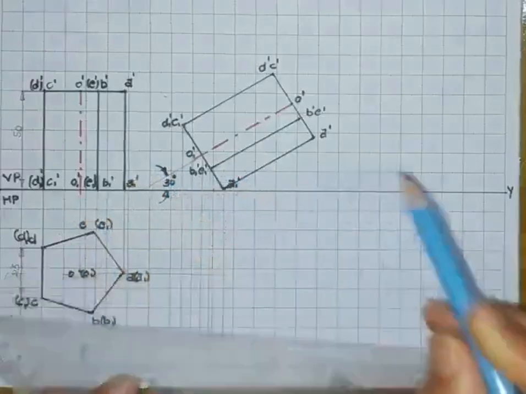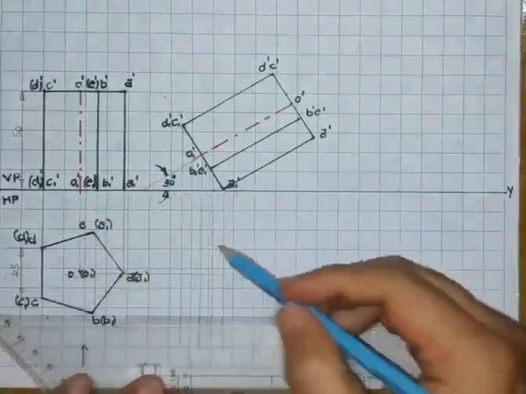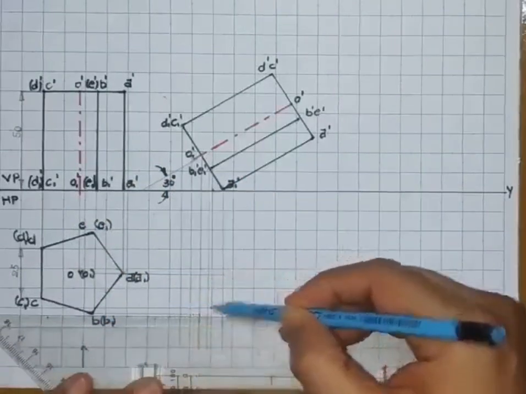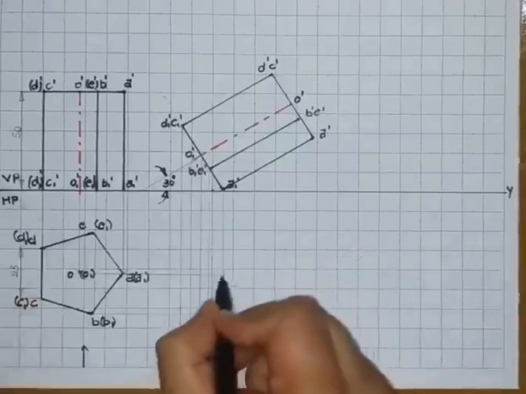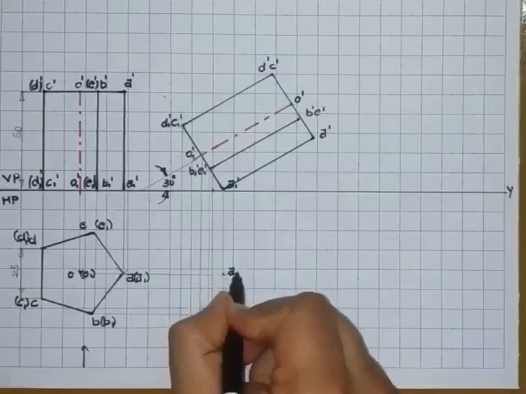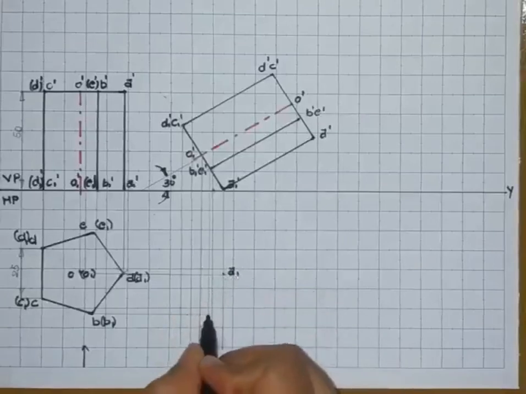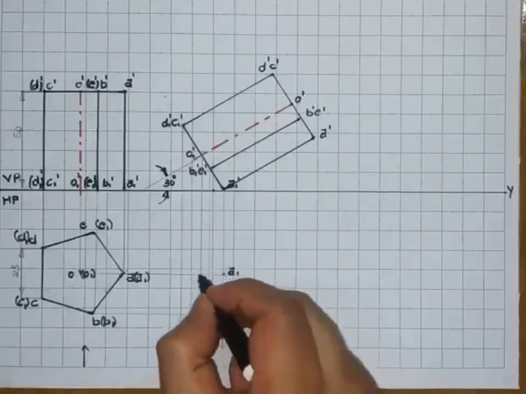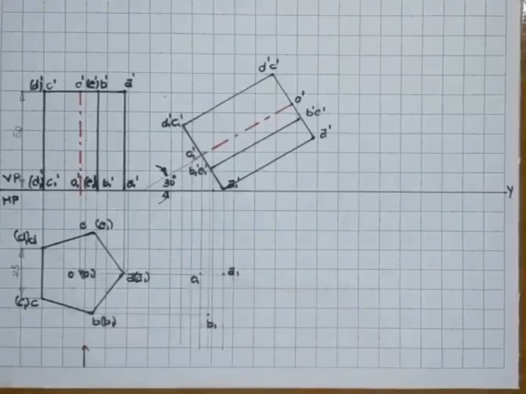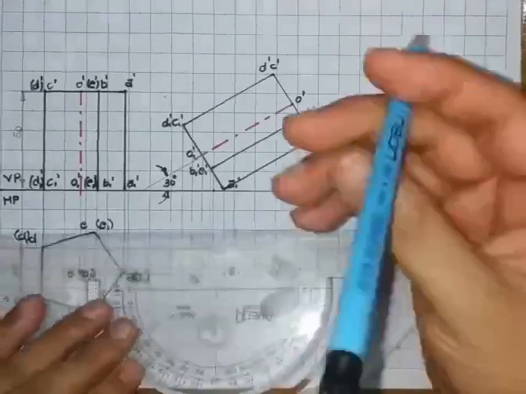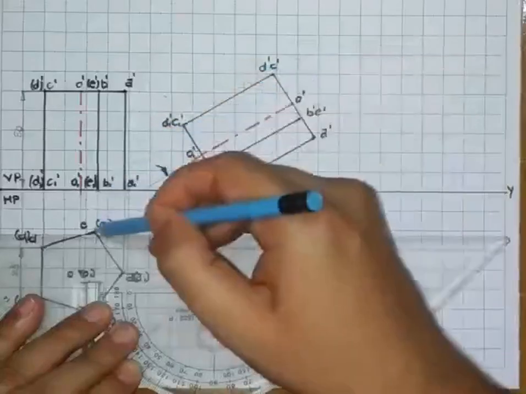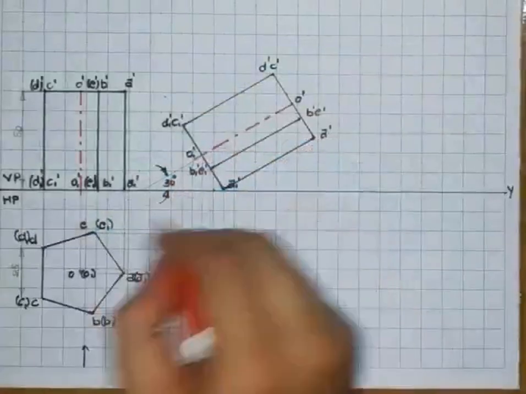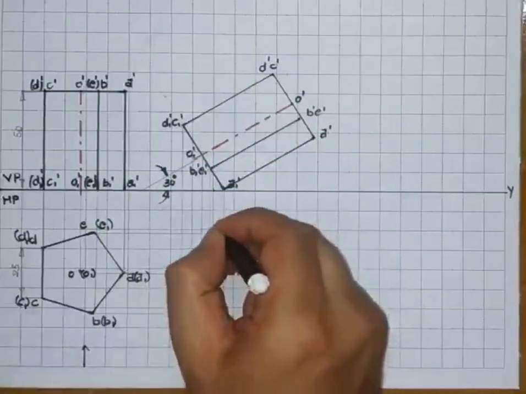It is point A, now point B. Let me mark it first. This is point A1, and this is point B1, and this is point O1, and then I am projecting point E. This is point E1.